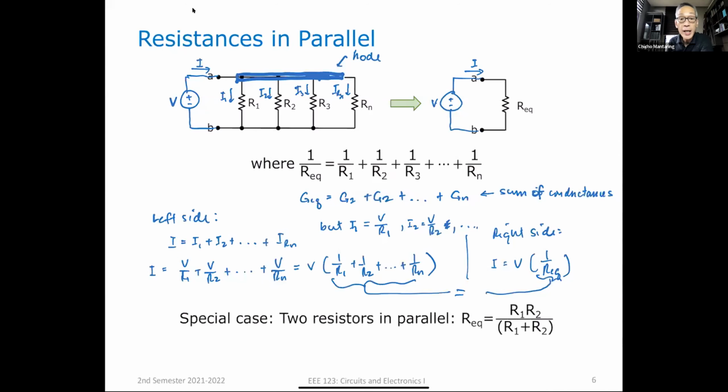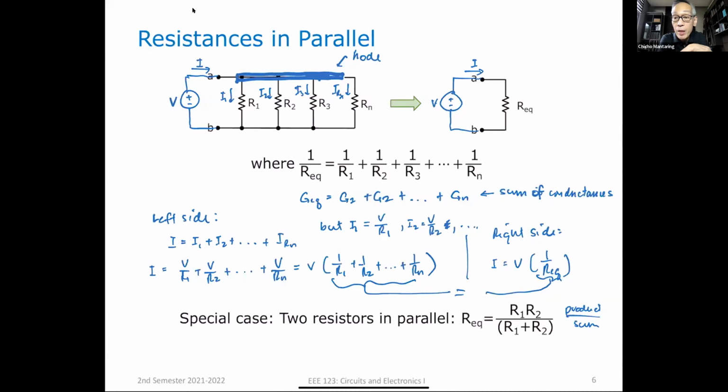Okay, you have a special case when you have two resistors in parallel, the equivalent resistance, you just remember, product over sum. The equivalent resistance is the product of the two resistors divided by the sum of the two resistors.